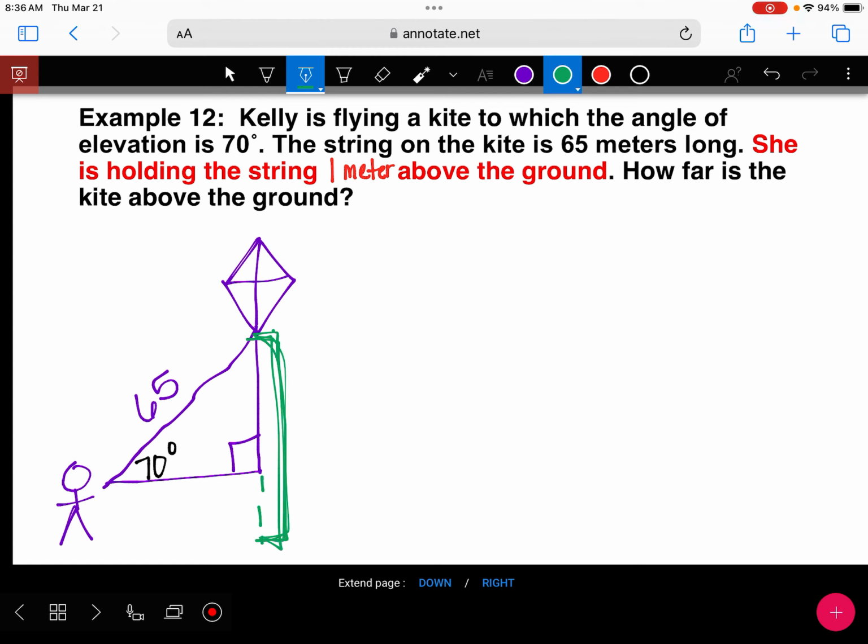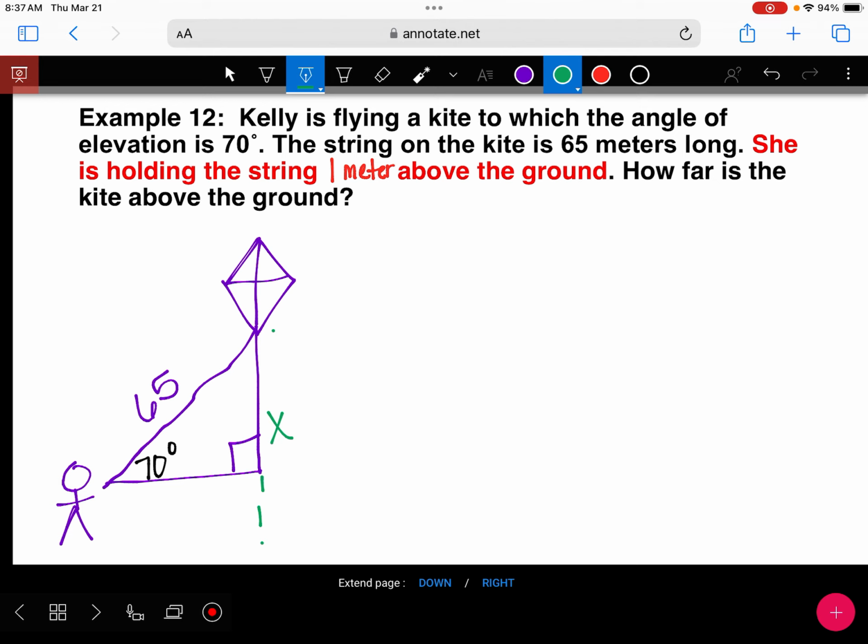So the first thing we're going to do is find x, but then because the string is 1 meter above, we have to add 1 to that. Yes, Carmen. Is the angle of elevation always going to be closest to the ground? Yes.